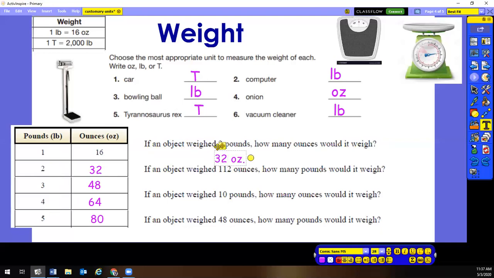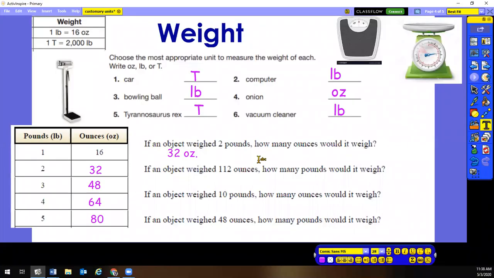And I know it's weird that the abbreviation for ounces is OZ, and there's no Z in the word ounces. Same thing for pounds. The abbreviation for pounds is LB, and there's no L and there's no B there. So if you can figure out why that is, research it, give it a Google, come back and tell me on one of our meetings, or message me on Canvas.